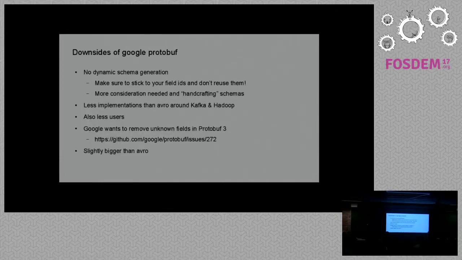There are also fewer implementations for it around the Kafka and Hadoop ecosystem, and fewer people using it, so you will often have to write the serializer and deserializer yourself. With Avro, you basically find enough implementations. A big issue is that Google kind of wants to remove these unknown fields in Protobuf 3.